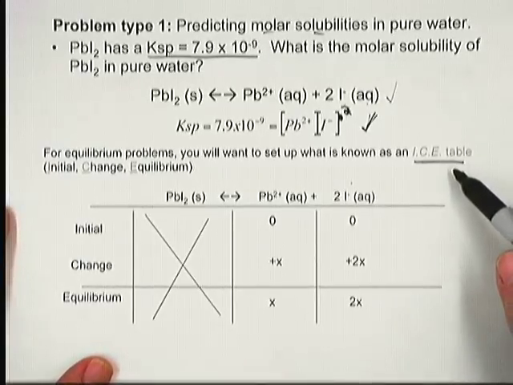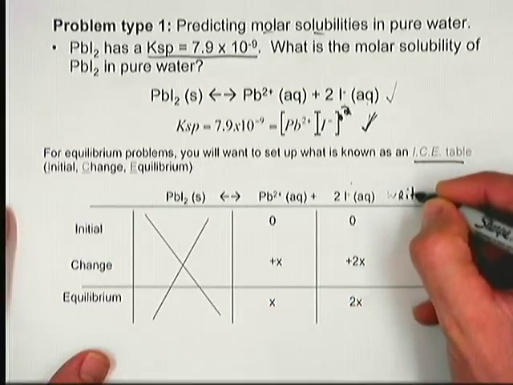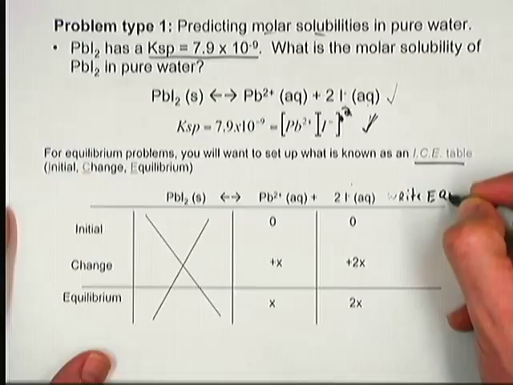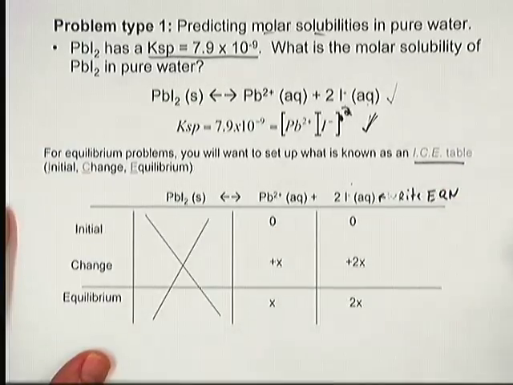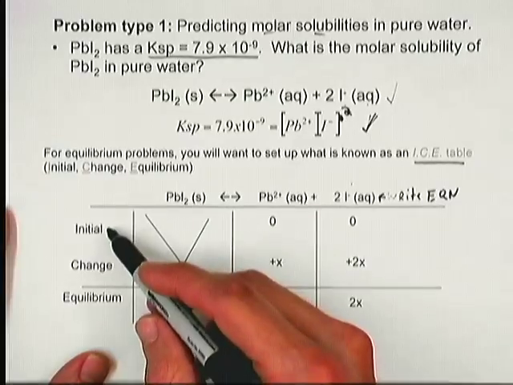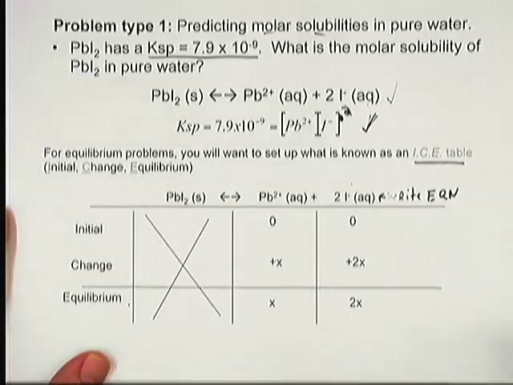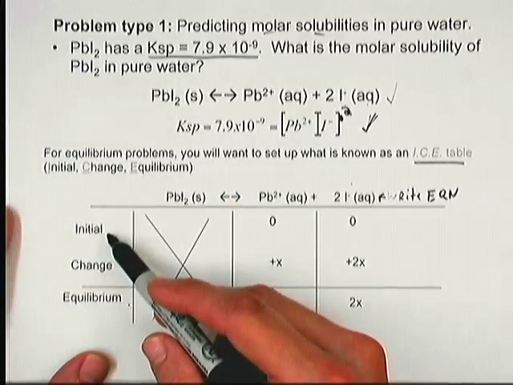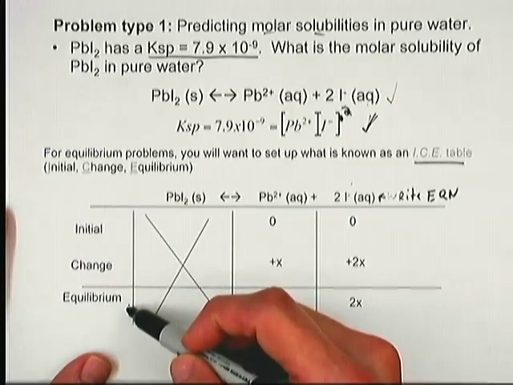To build an ICE table, you first start by rewriting the balanced chemical equation, as I've done on the top line, same as the one up here. Then I write Initial, Change, Equilibrium in the first column. This corresponds to our initial condition, the change that occurs, and the final equilibrium condition.